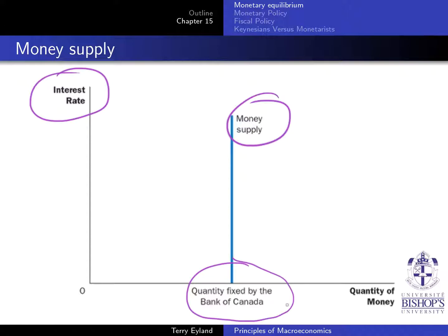But the money creation process within the banking system also has an impact. So the money supply may move slightly right or slightly left, even if the Bank of Canada doesn't desire it, just based on whether banks decide to keep more or less reserves.